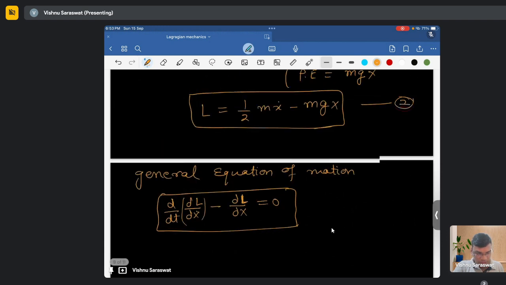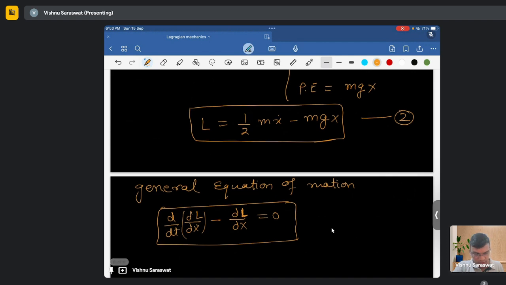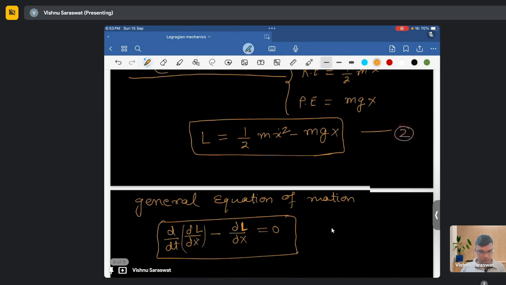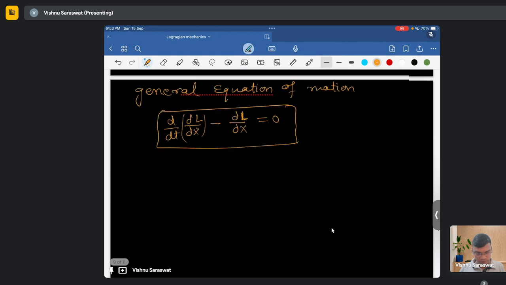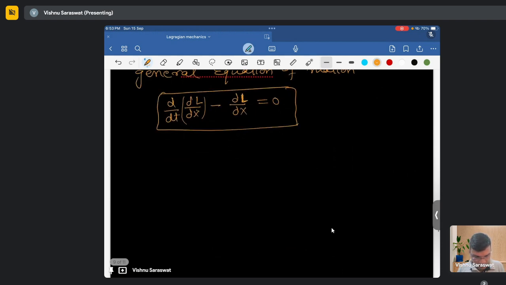We calculate the partial derivative of Lagrangian with respect to velocity with the help of this equation. So we put del upon del x dot, and we put the value of L, m x dot square by 2 minus mg x.